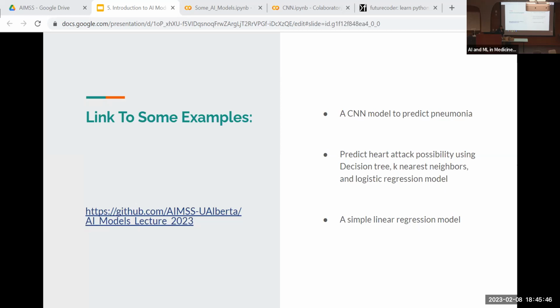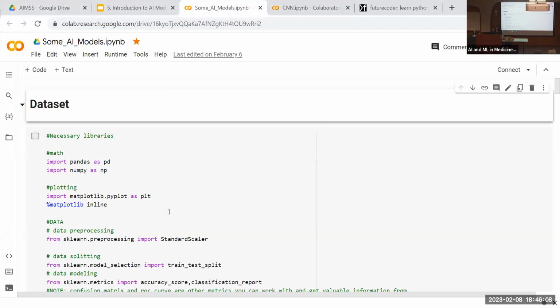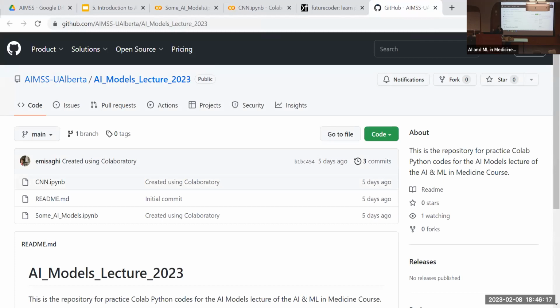So here's a link that you can later go to, which contains some examples for CNN, and also for the models that we talked about today, such as decision trees and k-nearest neighbors and logistic regression. I just want to go through them quickly to introduce you to how you can go through them and play with them.